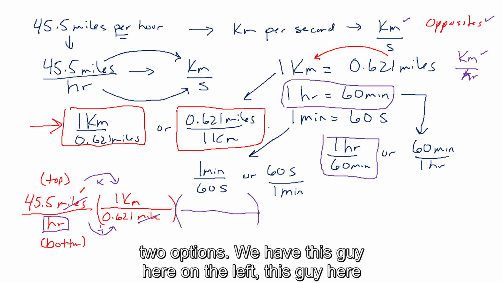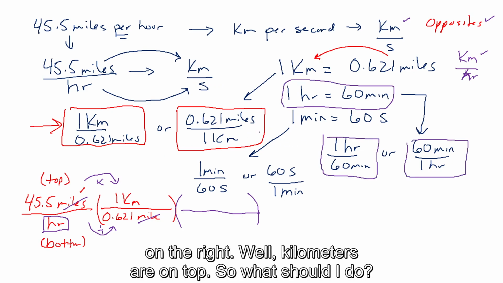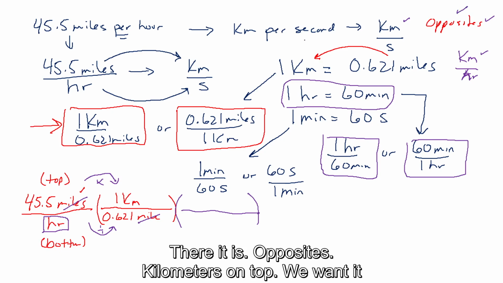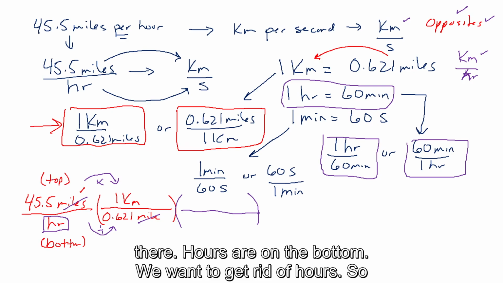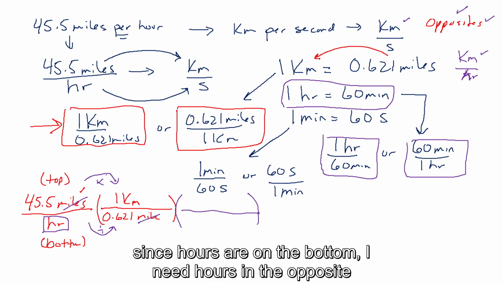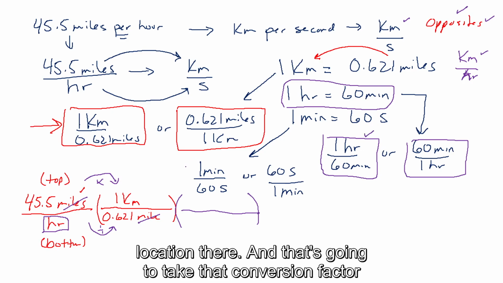We have this guy here on the left, this guy here on the right. Well, kilometers are on top. So what should I do? There it is, opposites. Kilometers on top, we want it there. Hours are on the bottom. We want to get rid of hours. So since hours are on the bottom, I need hours in the opposite location there. And that's going to take that conversion factor right there.